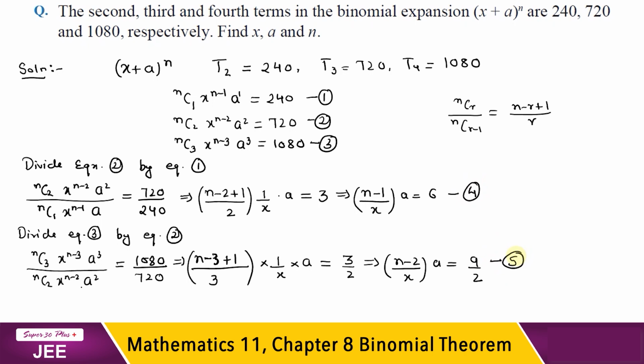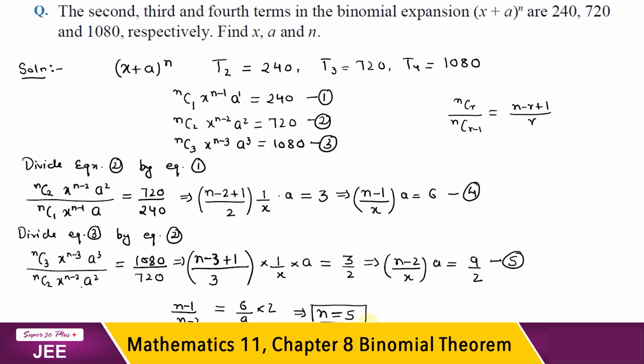Now once you divide equation number 4 by equation number 5, a and x will get cancelled. So we are left with (n - 1) divided by (n - 2) equals 6 divided by 9 into 2. And upon simplification, we have n equals 5.